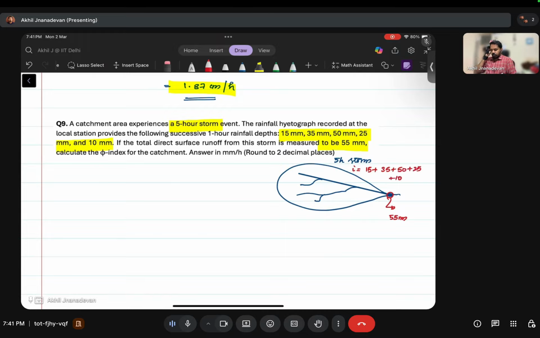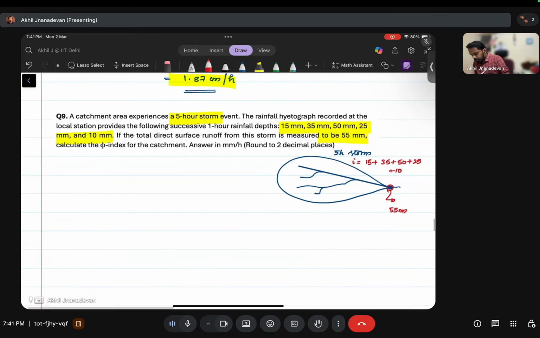So what is a phi index? Phi index is a constant rate of abstraction, that can be infiltration and other abstraction losses.